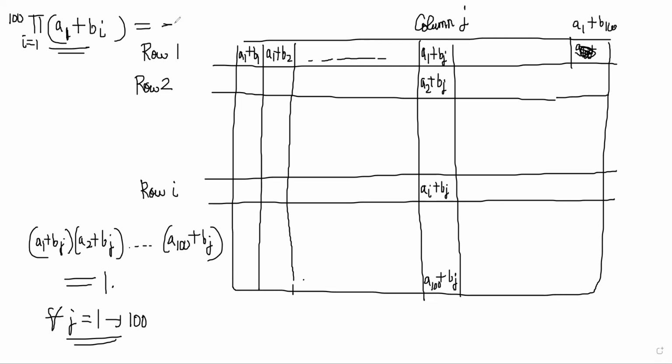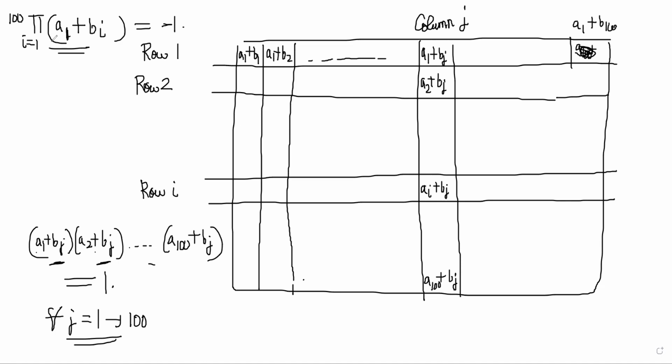We have to show that this is -1, and this is true for all the rows apparently, right? Okay. So we have one product where the Bj is remaining constant and the Ai are changing. And finally, we have to get the product when A1, A2 and all are constant and the Bj are changing, right? Okay.